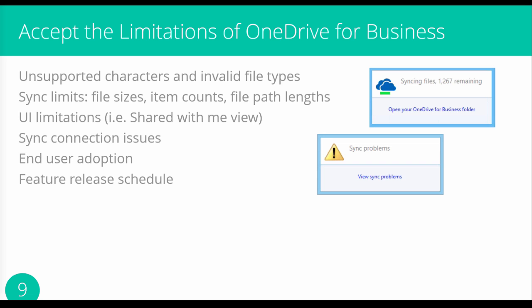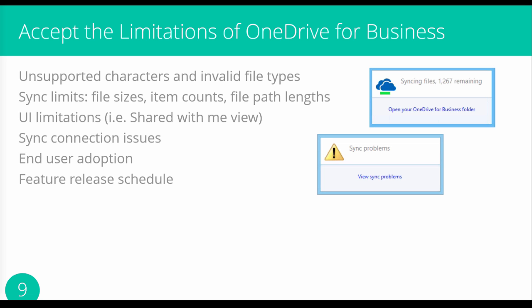Size limit as well is another thing at play here. So you can't sync files larger than 2 gigs, and that could cause some difficulty for some organizations, but the average person might not notice that. UI limitations. So some people, I have heard a little bit of frustration, with the web interface of OneDrive for Business. So for example, the shared with me view.